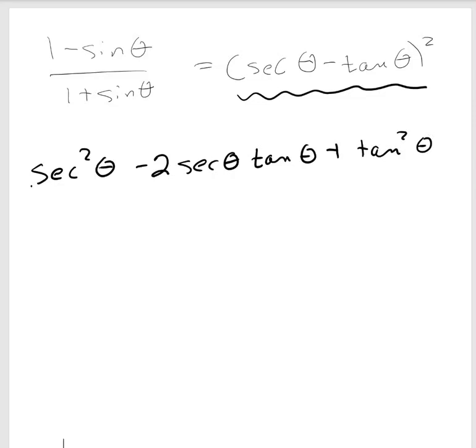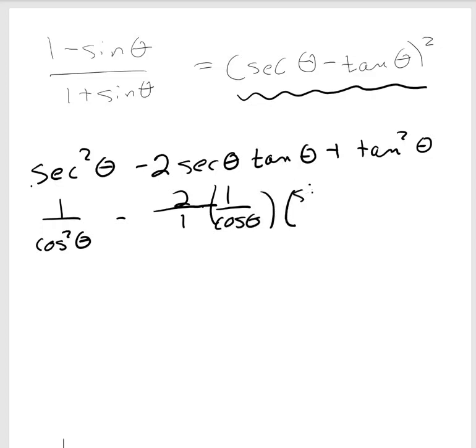From here, I know eventually I want to be in sine and cosine, so let's go ahead and change things around. Secant squared is 1 over cosine squared theta, minus, I'm just going to leave the 2 on top, and I know that secant is 1 over cosine, so I'm going to write 2 over 1 just so the 2 is out. I have cosine theta for secant. Tangent is sine theta over cosine theta.